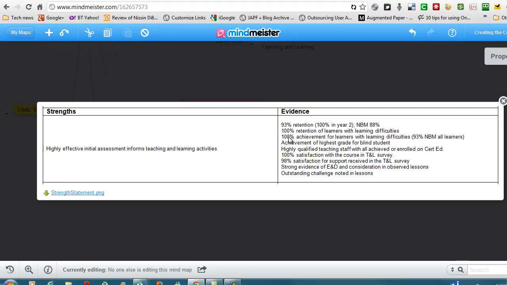A percentage. Highest grade, undoubted, it can be verified. Qualified, 100% satisfaction, 98% satisfaction. In observed lessons, noted in lessons. So all of these statements which we are providing as evidence are verifiable. They go to support this strength statement, and they give empirical evidence of what we're saying.